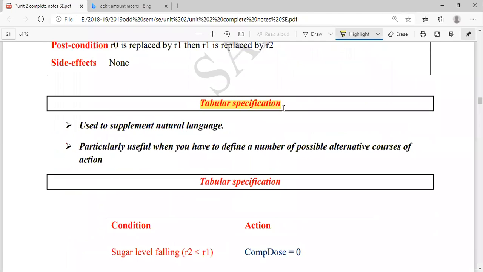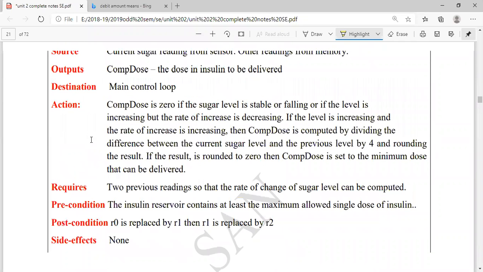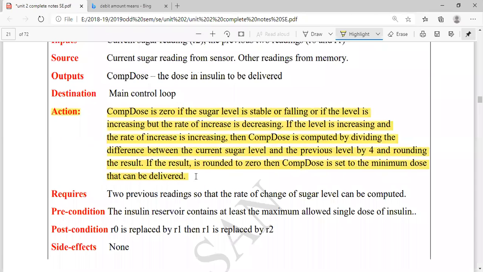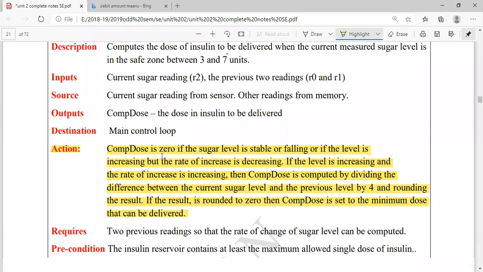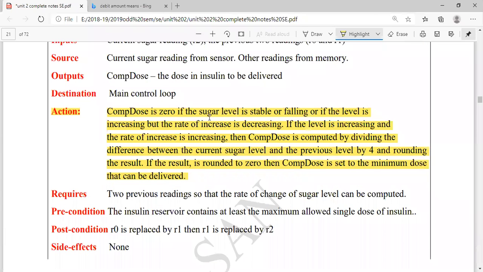Then we go for another format that is called tabular representation or tabular specification. It is also one of the alternatives for natural language. It is used to define a number of possible alternative courses of action. As I told you, considering this form based specification, you can see that this can be written more easily by using a tabular format.